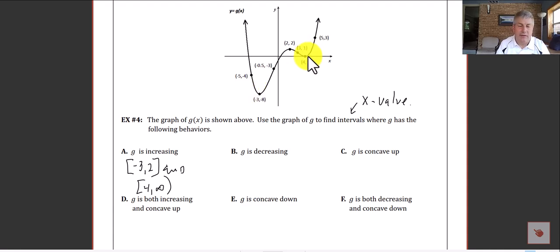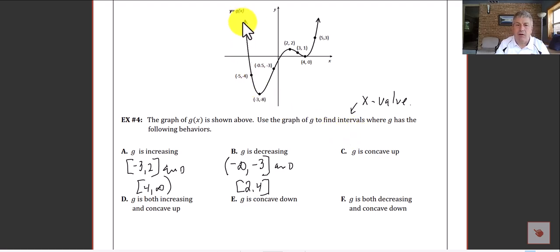And it is decreasing again. Looks like we have an inflection point here at 2, from 2 to 4. So using our interval notation, from -infinity to -3 inclusive, and from 2 to 4.